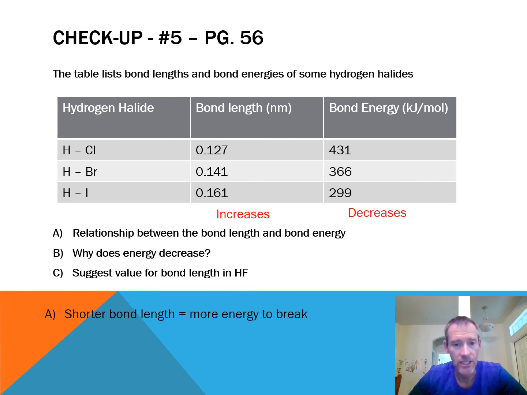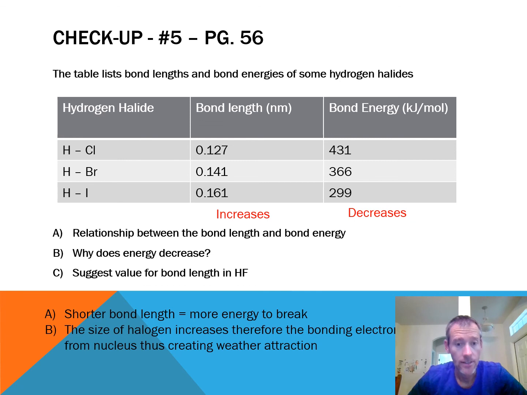Why does energy decrease? The size of the halogen increases, therefore the bonding electrons are further from the nucleus, creating a weaker attraction.